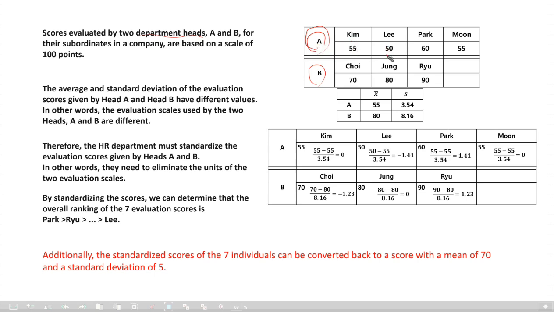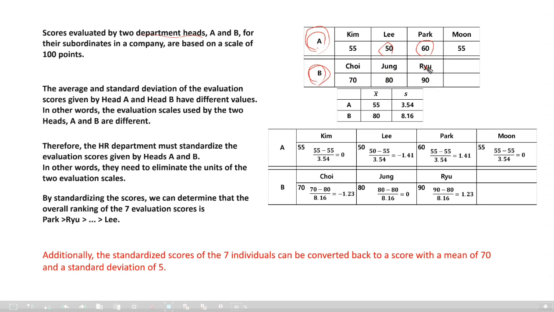A scores 50 for Lee. A gives 60 to Park. A gives 55 to Moon. Department head B scores 70 to Choi, 80 to Jung, 90 to Liu.